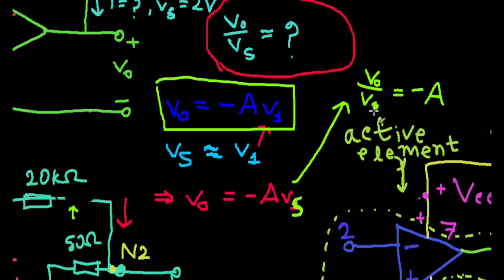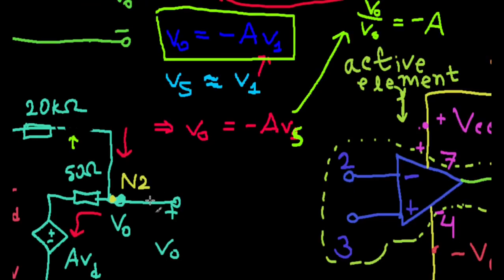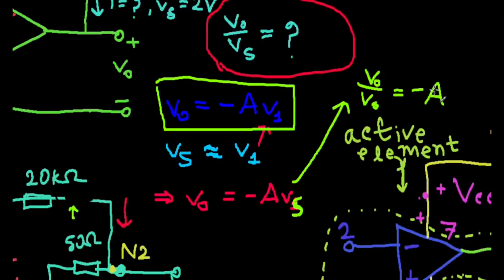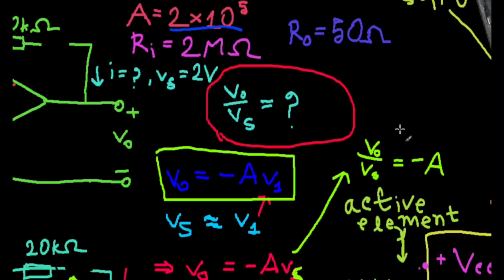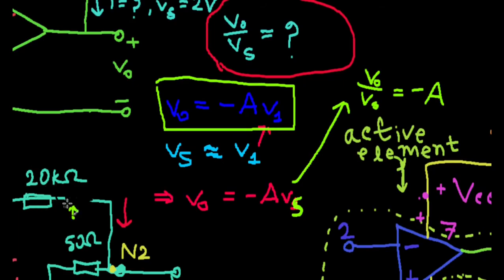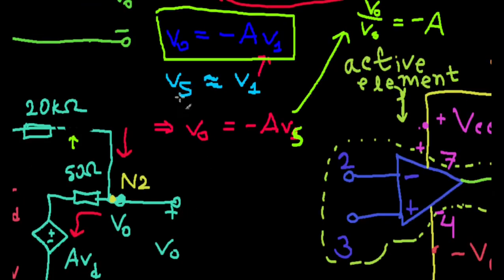If you want a really large gain, this is a good thing to do. You might think that this is a pretty useful circuit, if we just keep this open and don't have this 20 kilo ohm resistor. But no, there are some issues here.